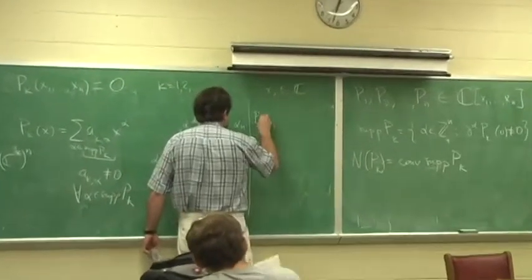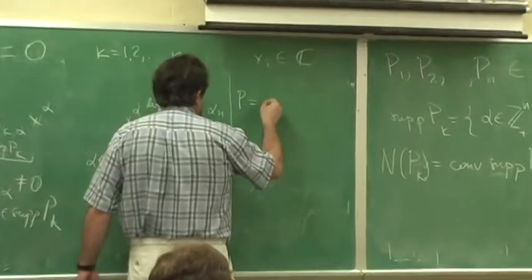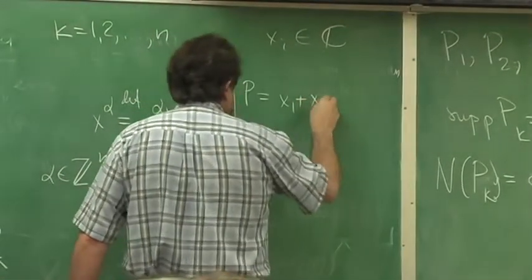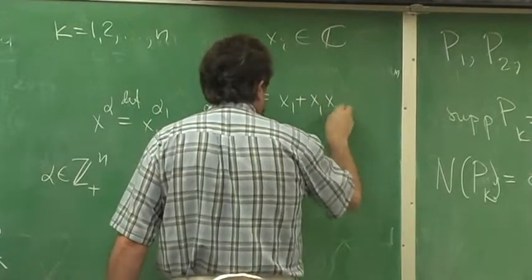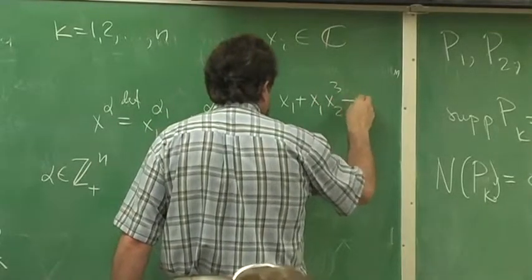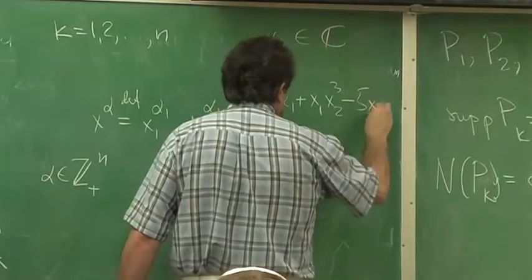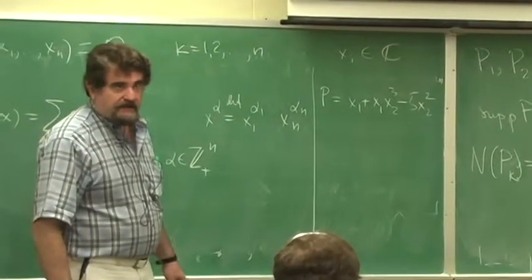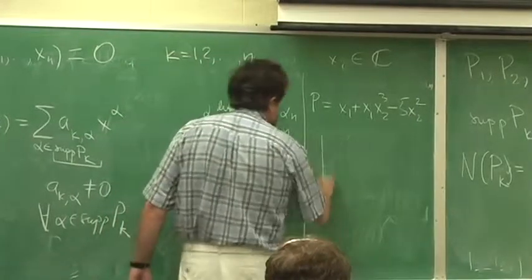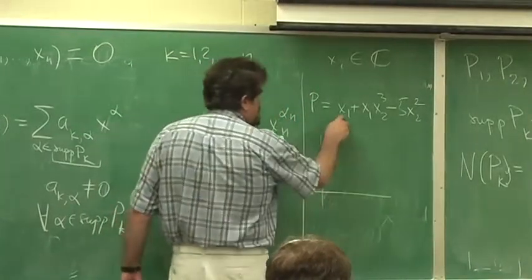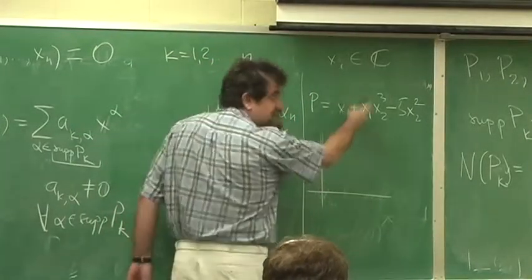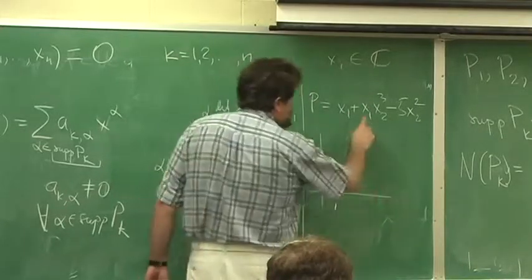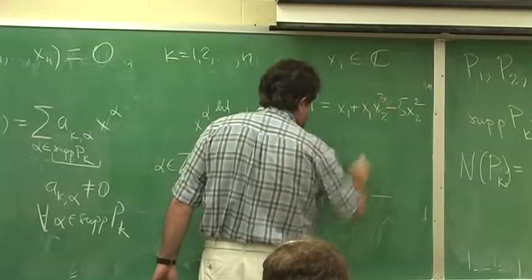Say P is x1 plus x1 x2 cubed minus 5 x2 squared, for example. What is the support? Here the power is 1, 0, correct? Here the power is 1, 3.